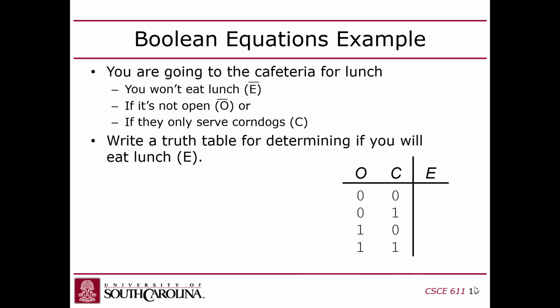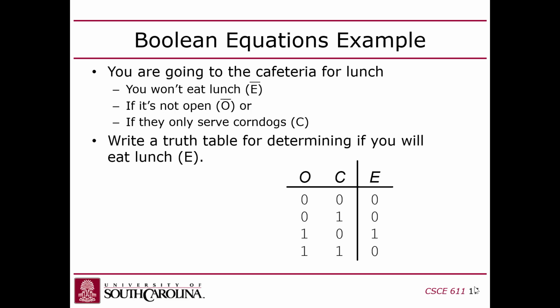Okay, so this is a little cute example. You're going to the cafeteria for lunch. You won't eat lunch if it's not open or if they serve corn dogs. So basically, E is going to be 0 or false if O is false or if C is true, right?